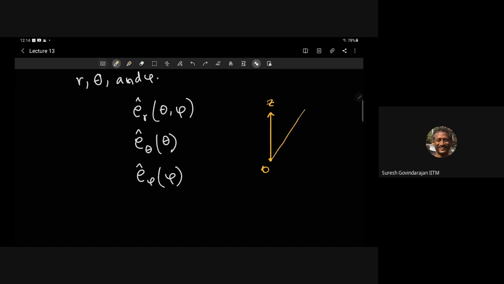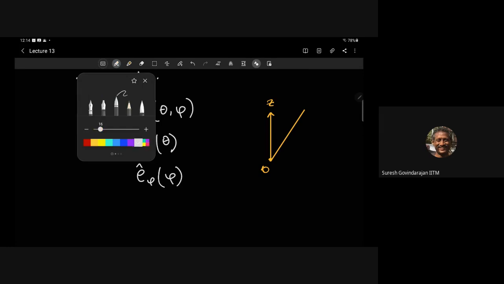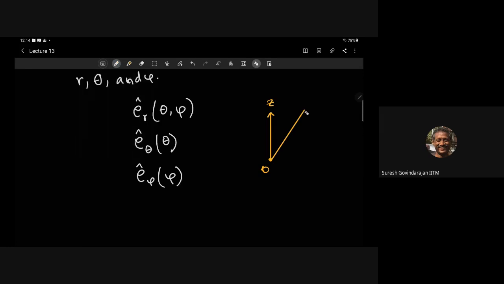Yeah, this is good. So we have already seen, this is the point P, and increasing along this, and theta is this angle.